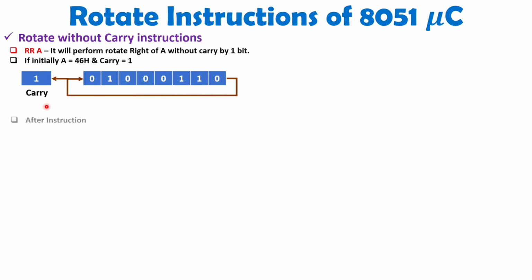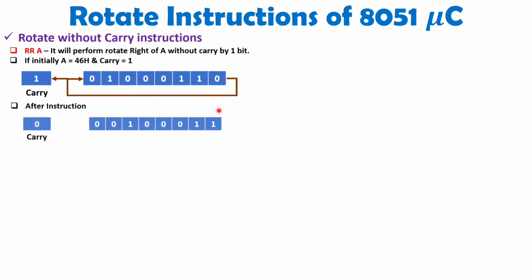After execution of the instruction, this 0 will come over here in carry, and this 0 also comes over here. Now towards the right side all the bits are getting rotated.